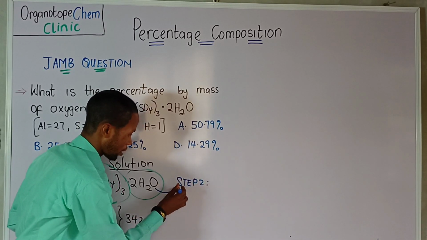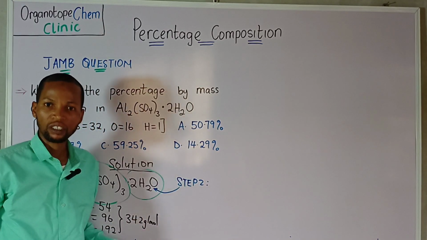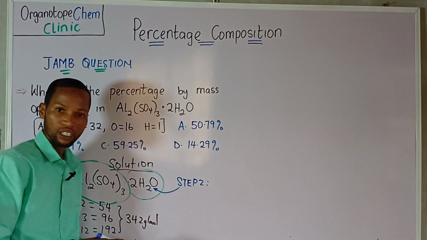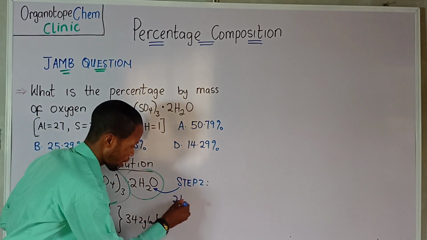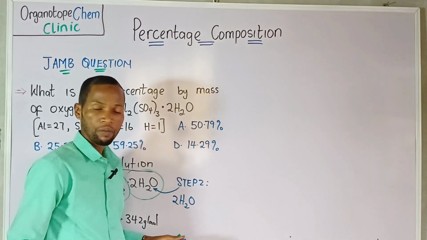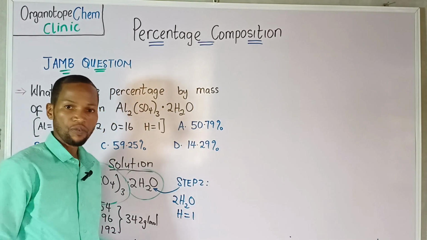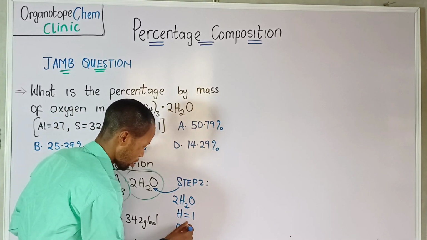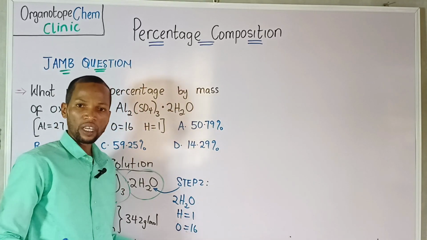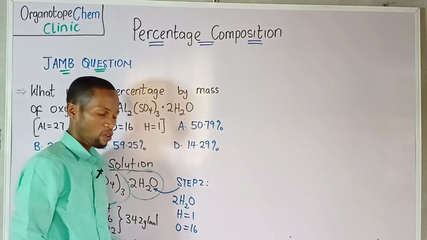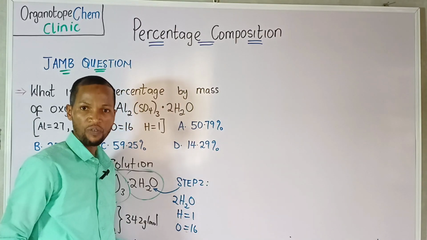We need to determine the mass of the water of crystallization here. We have 2H2O. The atomic mass of hydrogen is 1, and that of oxygen is 16. So in the dihydrate right here, we have 4 atoms of hydrogen.